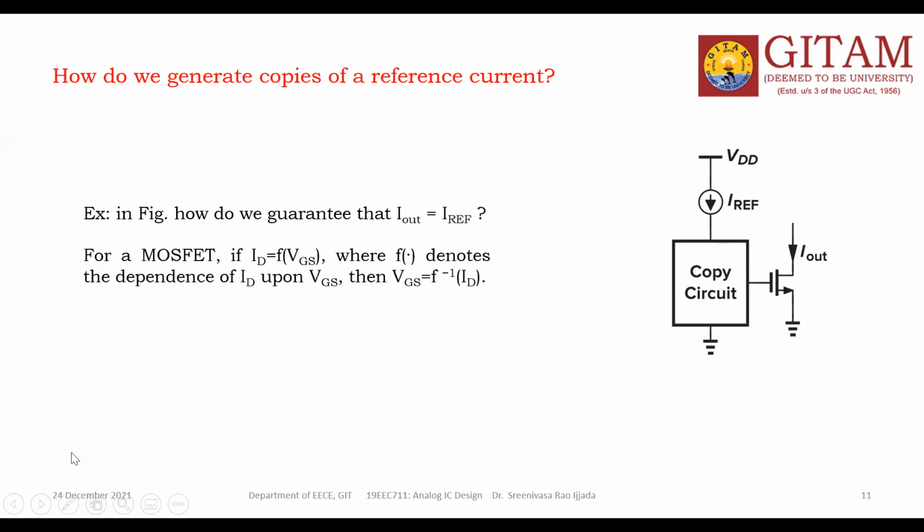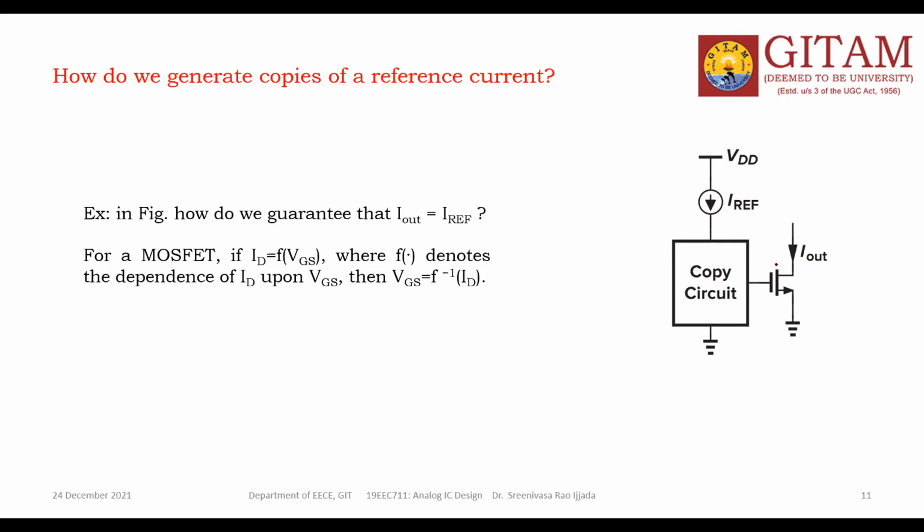For a MOSFET, ID means this current. Suppose you take this MOSFET, ID is always a function of VGS. Clear? Because VGS is the voltage which controls the channel. It may be wide or narrow.